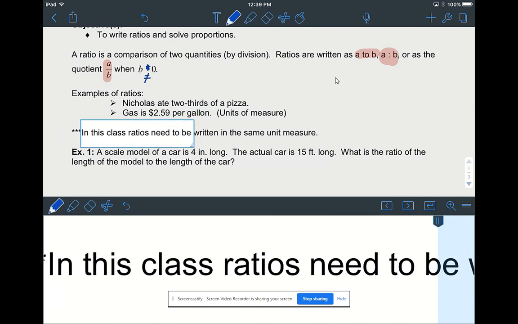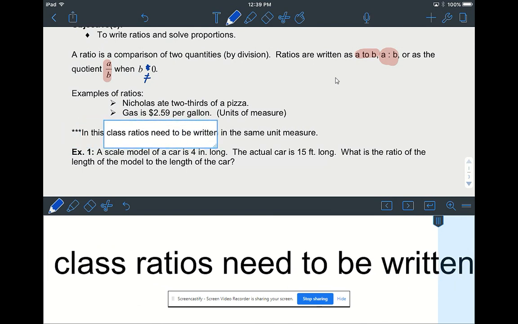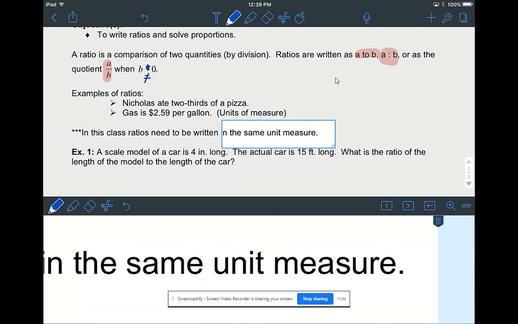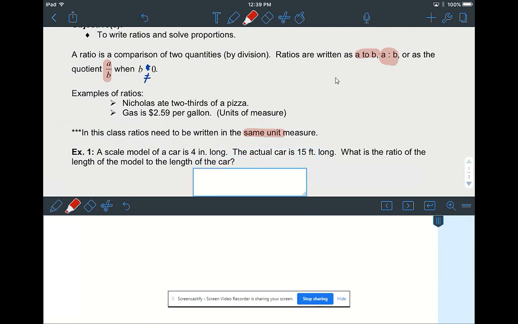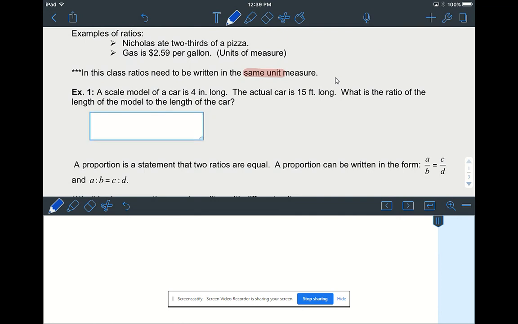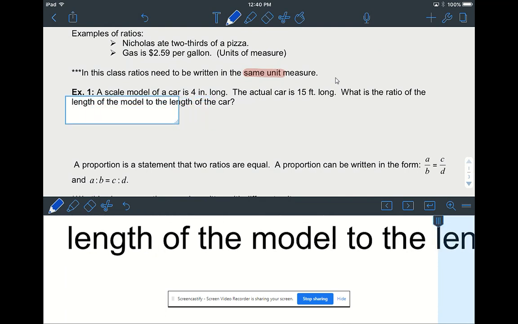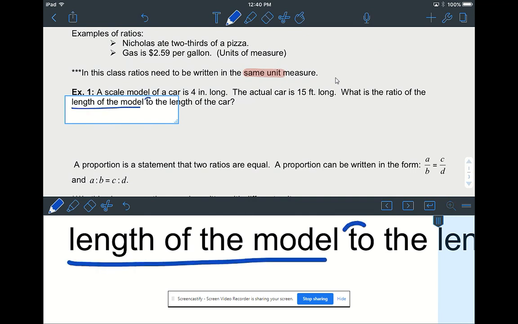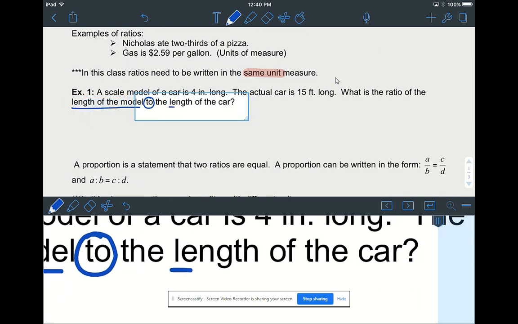All right, in our class, we are going to write ratios in the same unit of measurement. So whenever we have a basic ratio like this first one: a scale model of a car is 4 inches long. The actual car is 15 feet long. What is the ratio of the length of the model to the length of the car? It tells you what order to write your ratio in: length of the model to length of the car.